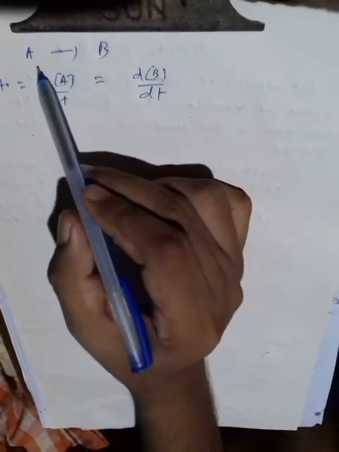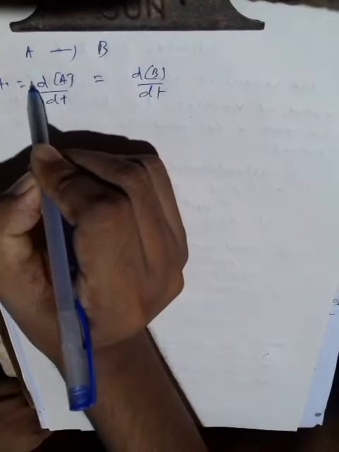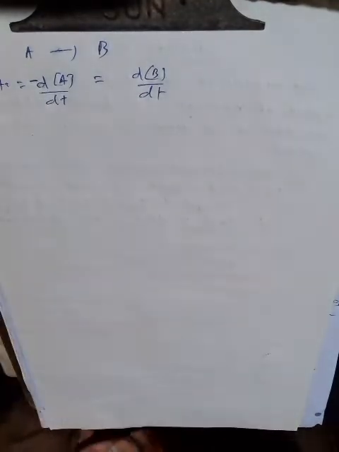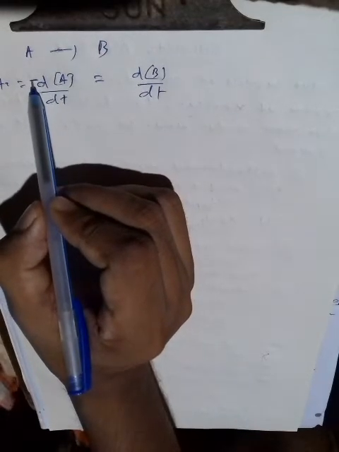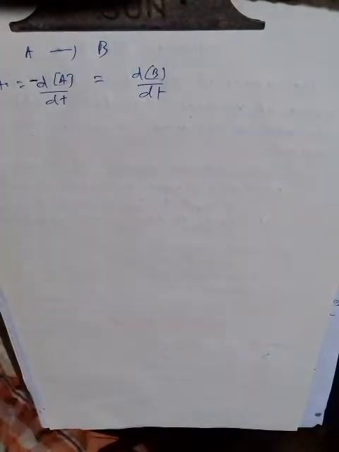So since the concentration of A is decreased, we can give a negative sign here. You should know that the rate of a reaction is always positive, it can never be zero or negative. So I will tell you the significance of the negative sign here.